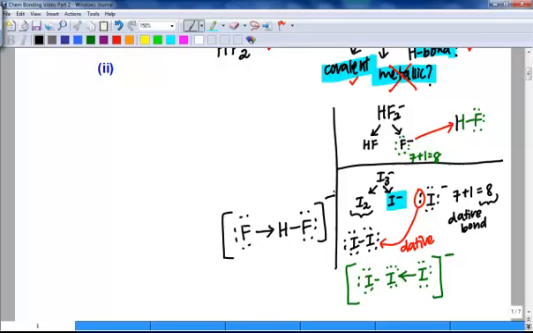But actually, this ion is drawn wrongly. What is wrong about this? Can you spot the mistake about this ion? Now take a look at your hydrogen atom. How many electrons are surrounding it? Over here you have 2 electrons, over here you have 2 electrons.